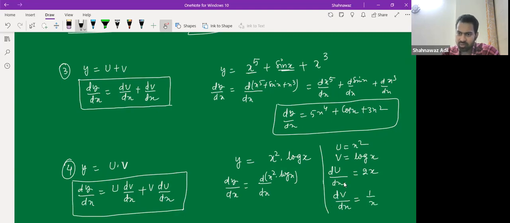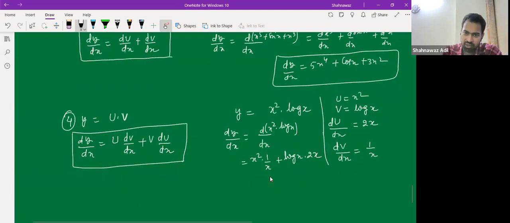Now we can plug in the values. First is outside, so x squared is outside, times the differentiation dv by dx, which is 1 by x, plus v is outside, and the differentiation of x squared, which is 2x. So this would be how much?